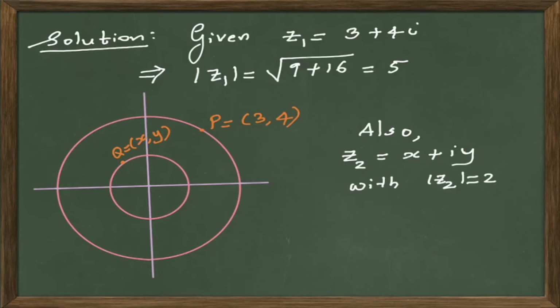Therefore, the absolute value of the complex number Z1 minus Z2 is nothing but this distance.